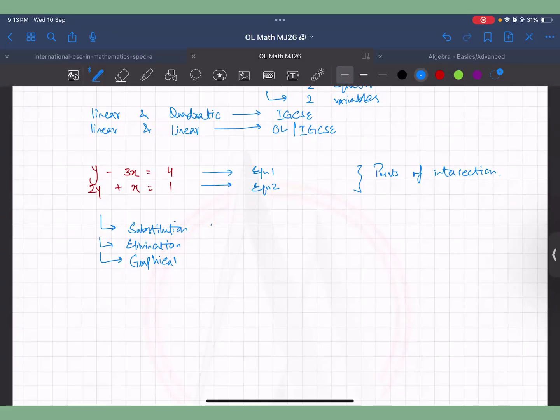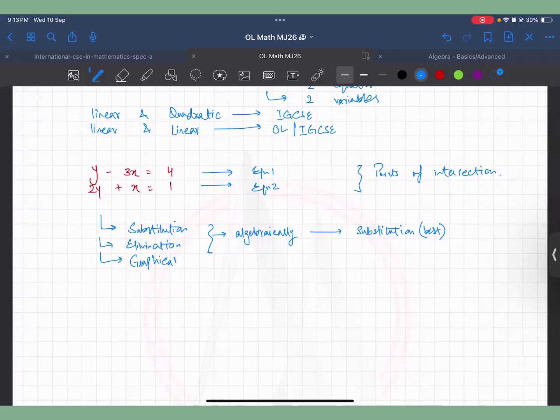The substitution method is the best one. These two are algebraic solving. Algebraically means without the graphs, using algebra. And out of these two, substitution is the best one because it will work for all situations.